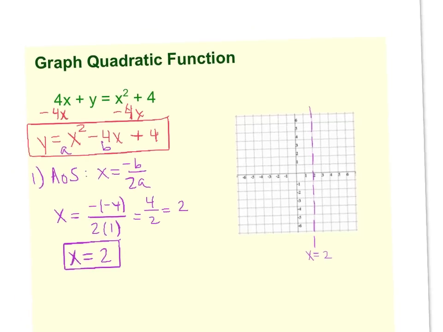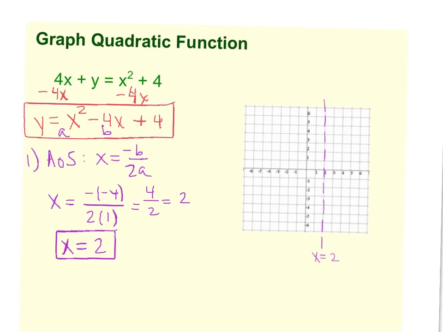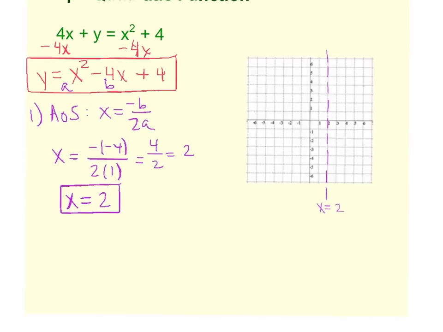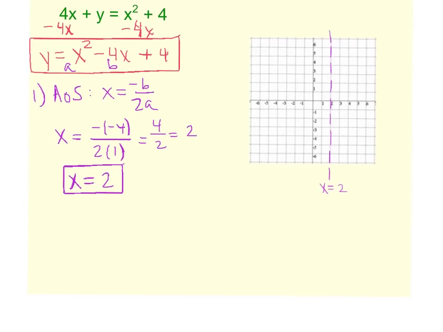Alright, so going back to what we're doing over here, the next thing we're going to find is the vertex. So when you find your vertex, if you remember, the x value is that negative b over 2a, and then you have your y. Well, we just did all of the work for the negative b over 2a, and we got 2 as the answer right here.